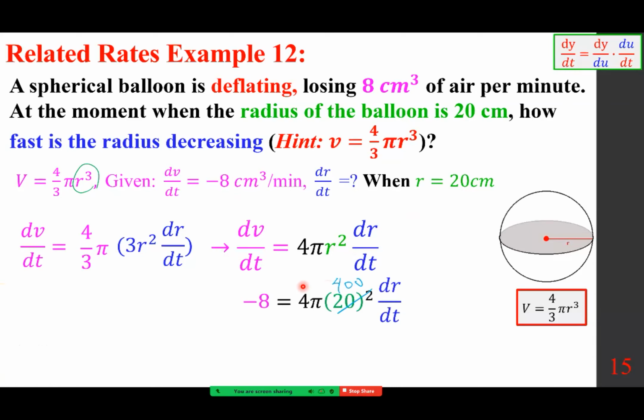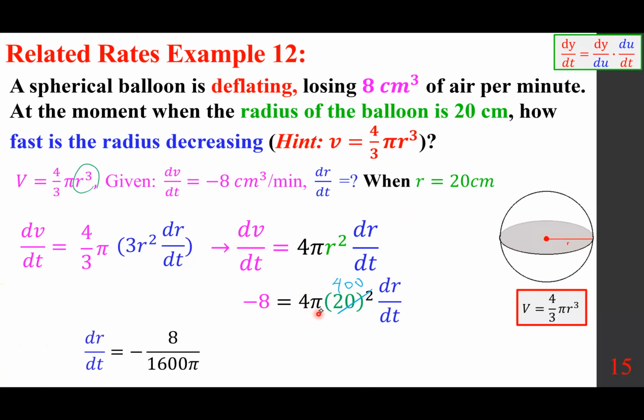Times 4 is 1600. So we are going to divide both sides by 1600 pi. -8, we have the negative sign here, divided by 1600 pi, that's dr/dt.